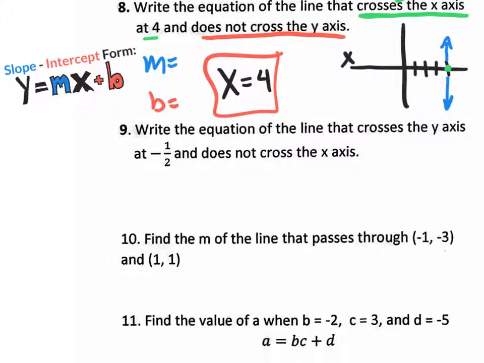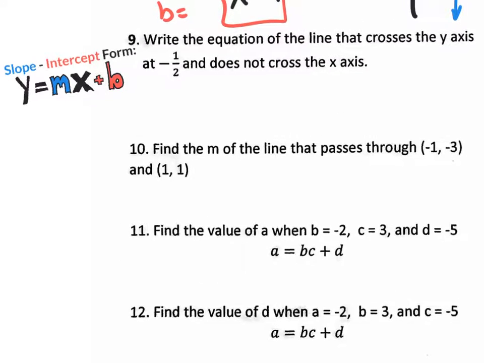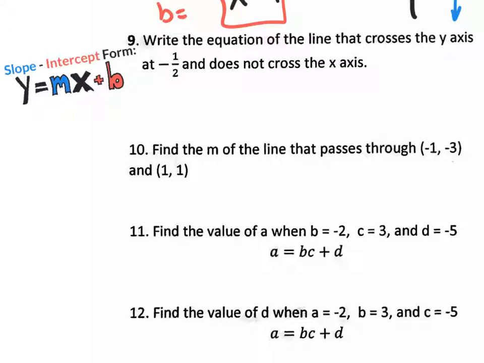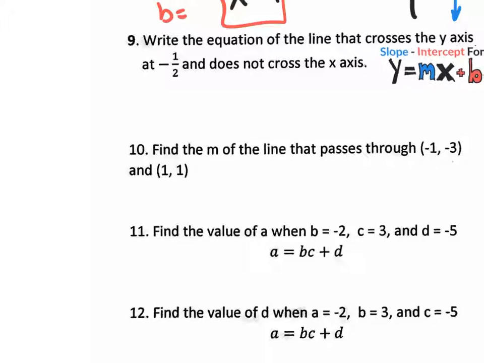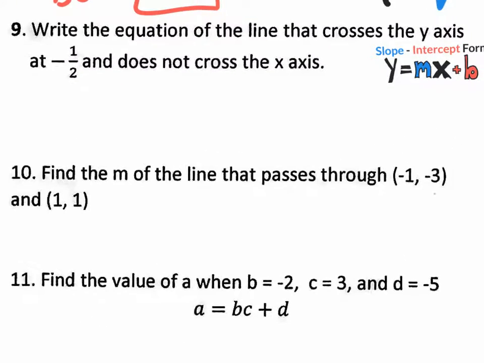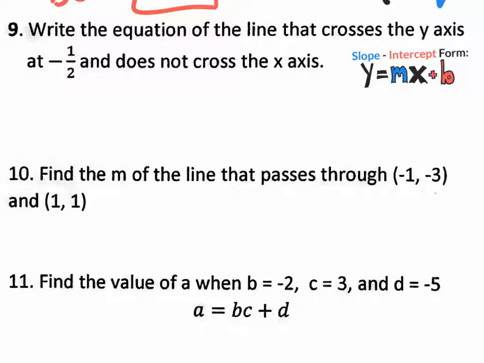Let's go to number 9. Write the equation of the line that crosses the y-axis at -½ and does not cross the x-axis. Let me put this over here. Let me make this a little bigger. Okay, so it crosses the y-axis. That's our b value. So y-intercept crosses the y-axis at -½. That's our b value.